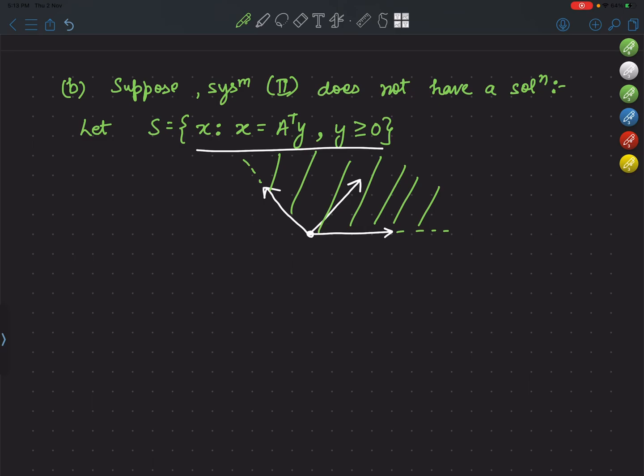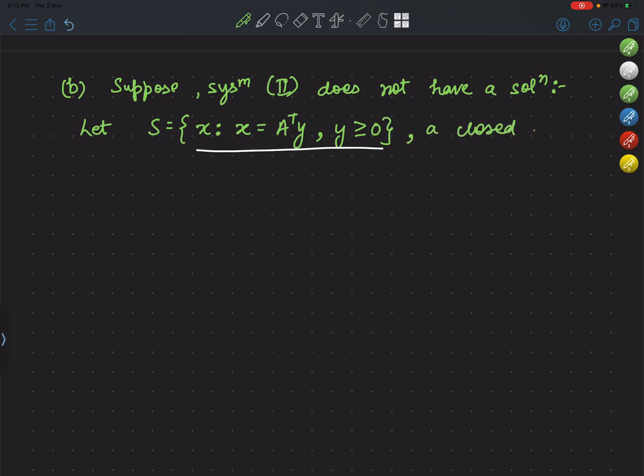So basically S is convex, and this is also closed because we are including all the points on the boundary. This is a closed convex set. I hope you understand why S is a closed convex set. And C does not belong to S. Let's assume that there is a vector C that does not belong to S.